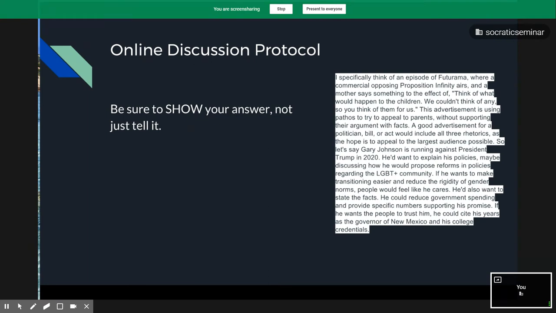We couldn't think of any. So you think of them for us." And she goes on to kind of analyze how that applies to the point she's trying to make. And then she gives another example. So this is what you want to do. You want to show how you're processing the information and why you're thinking what you're thinking.